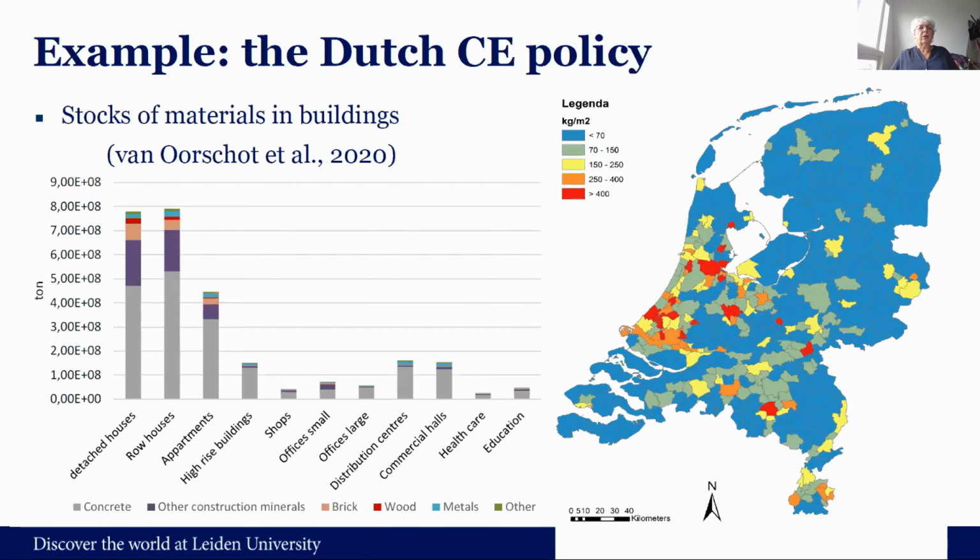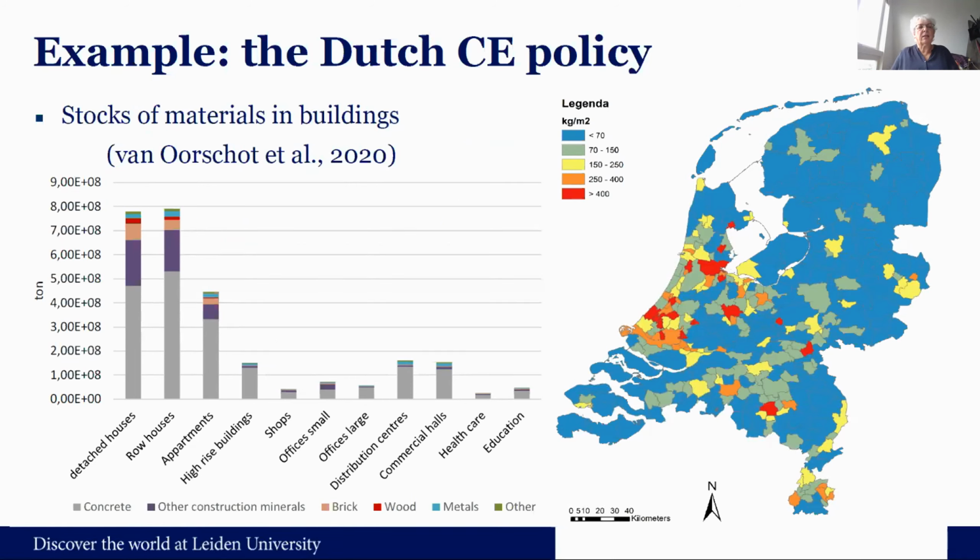These are some results from that exercise. The inventory of stocks in buildings. You can represent it geographically, like in the map on the right hand. You can see there where the largest concentration of the materials is. This is just in tons altogether, but you can also make maps like that for specific materials, like steel or concrete or whatever.